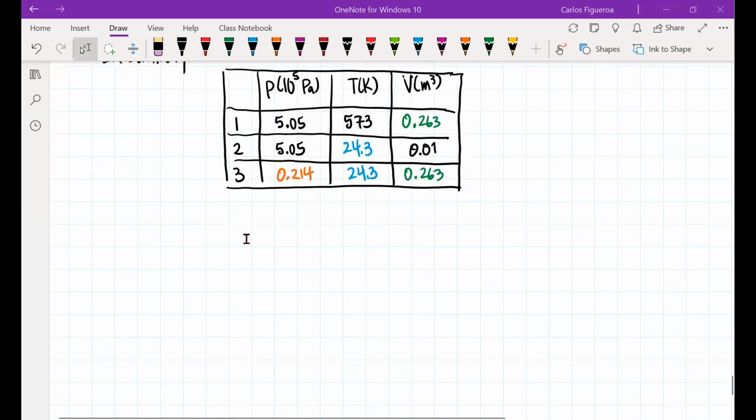Now, what I want to do here is that I want to outline a second process. And here I want to use the ideal gas law conditions.